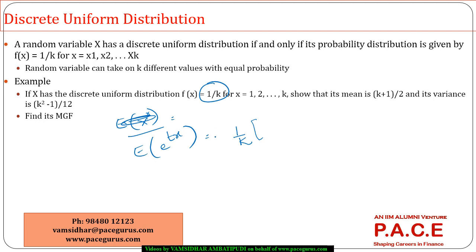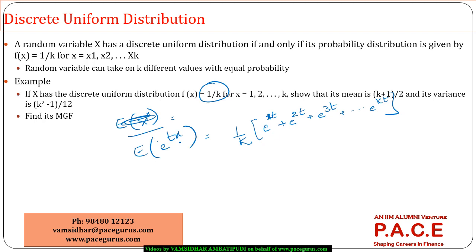So I can very well write it as e to the power of, x values are 1, 2, 3, 4, right? So I can take e to the power of 1 into t, e to the power of 2t, plus so on e to the power of 3t, plus so on e to the power of kt.